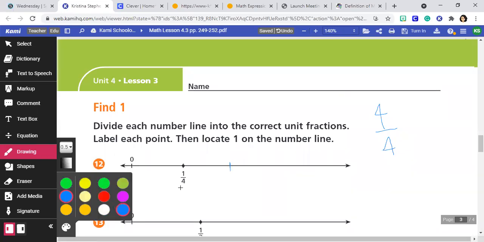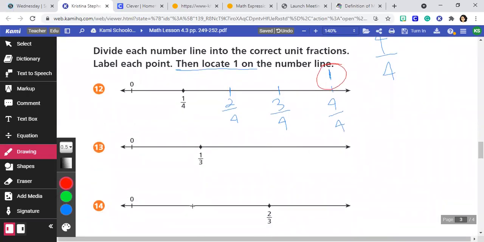I think right there looks okay. So there's 2/4. Now I'm going to keep going to find 3/4, 3/4, and one more that gives us 4/4, or we're locating that number 1 on the number line. And so this is where our 1 is here.